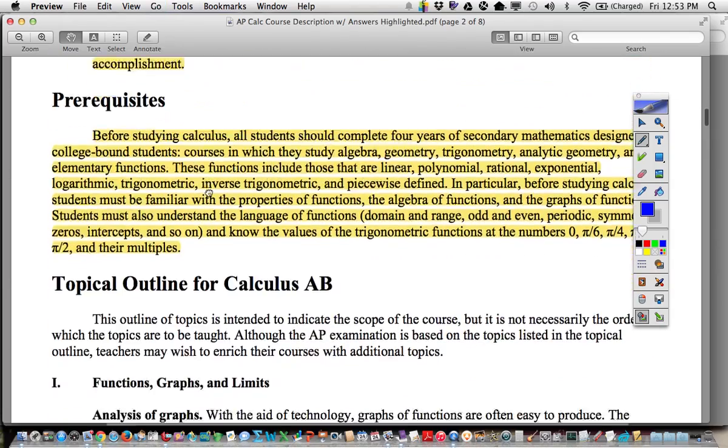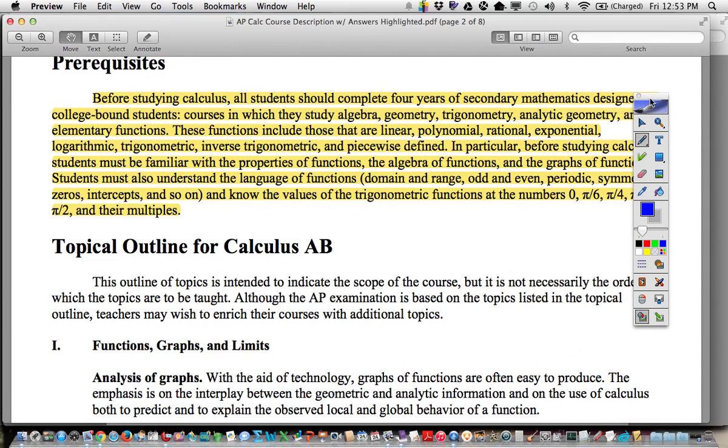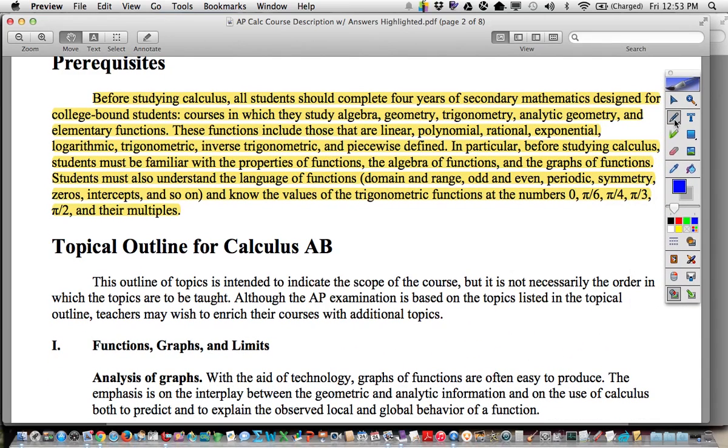All right, yesterday we were talking about the course description over here, and one of the things in the course description is it says students should have completed 4-year secondary math designed for college-bound students where they study algebra, geometry, trig, analytic geometry, and elementary functions. So the title of this section is a field guide to elementary functions. On the board I call it basic functions, kind of the same thing.